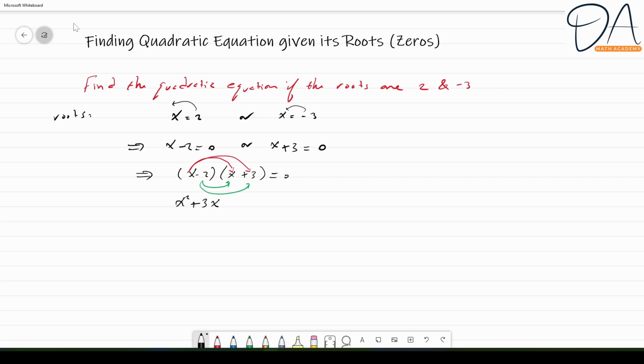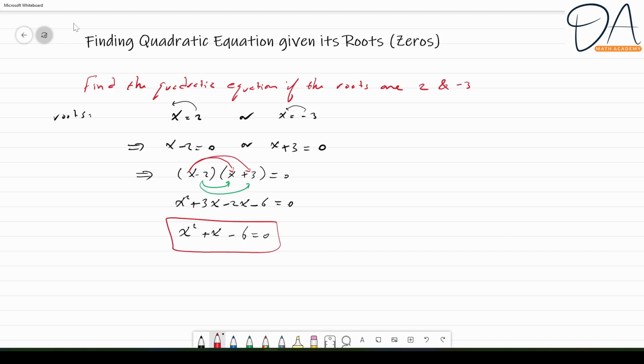So this will give you minus 2 times x, that is minus 2x, and minus 2 times 3, that gives us minus 6 equal to 0. Now it's a matter of simplifying. So this will give us x squared, 3x minus 2x, that is 1x, minus 6 equal to 0. So this is actually our quadratic equation. This is the solution to the problem.